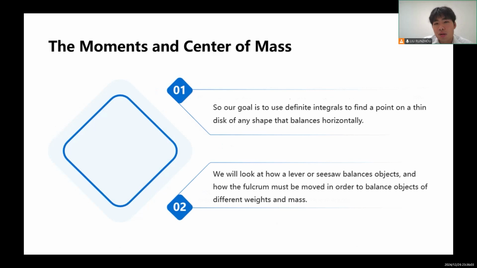Well, our goal is to use definite integrals to find a point on a thin disk of any shape that balances horizontally. We will look at how a lever or seesaw balances objects, and how the fulcrum must be moved in order to balance objects of different weights and mass.